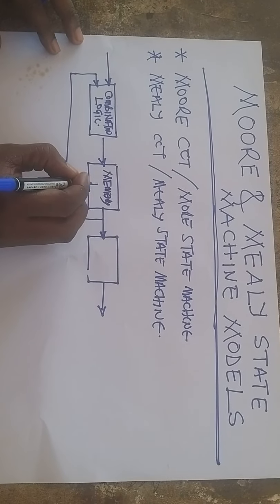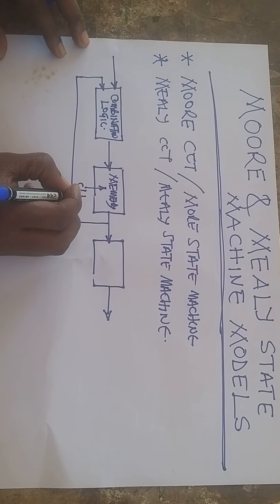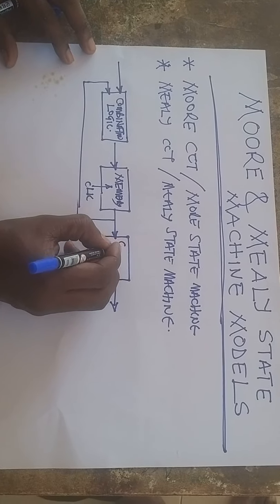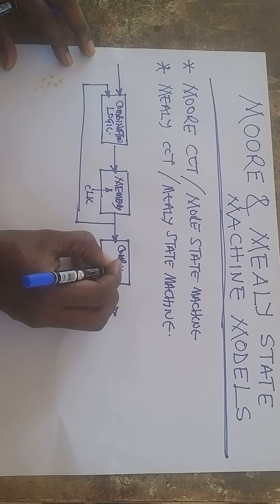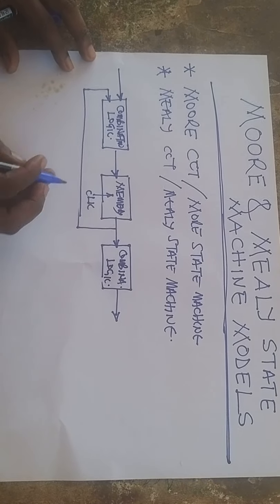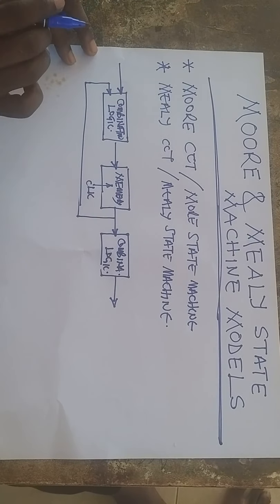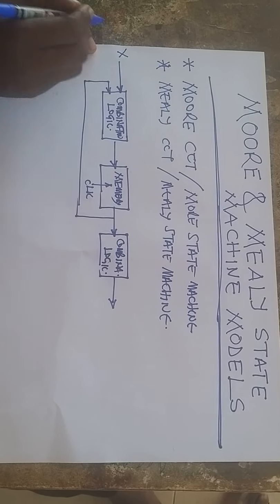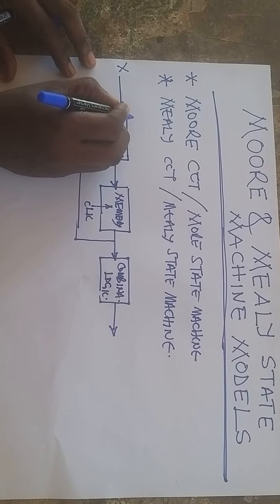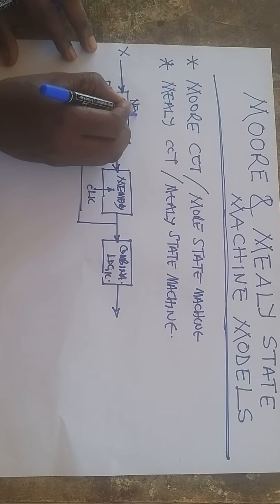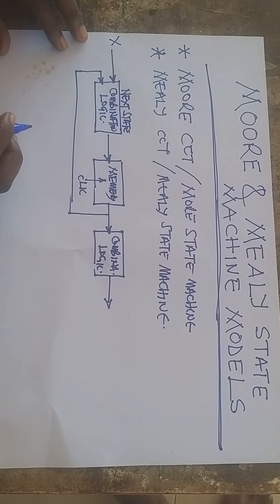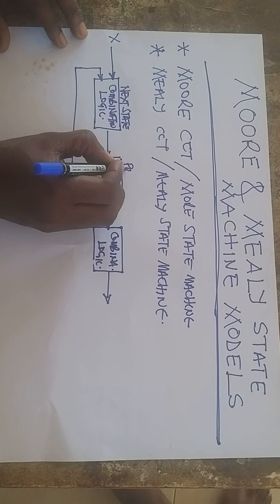The memory, of course, will need a clock, and the memory is nothing other than the flip-flop that we know. And then this is also a combinational logic. Now this is the input, so I have, let's say, X, which is my input. This will give me my next state, and this will be my present state.